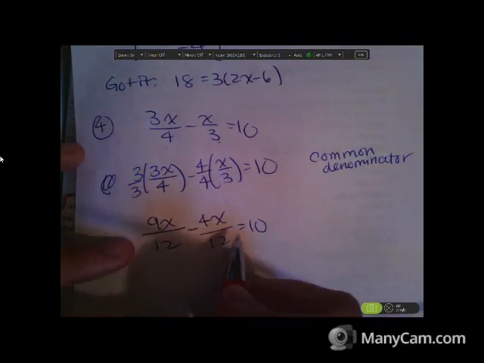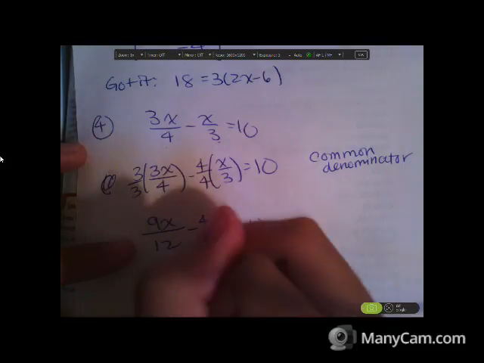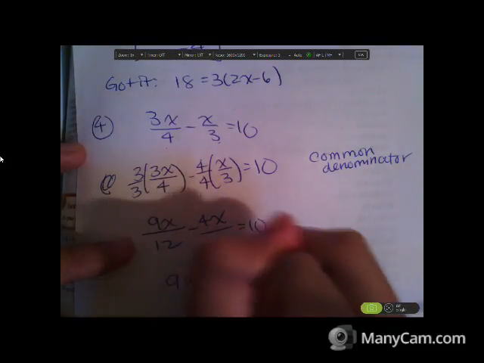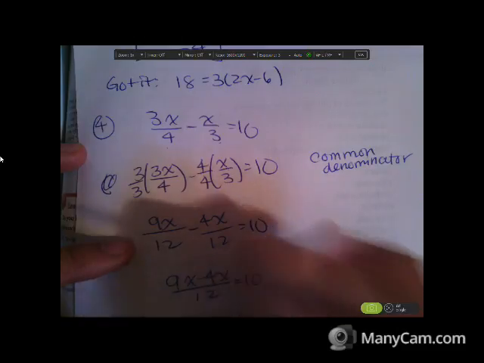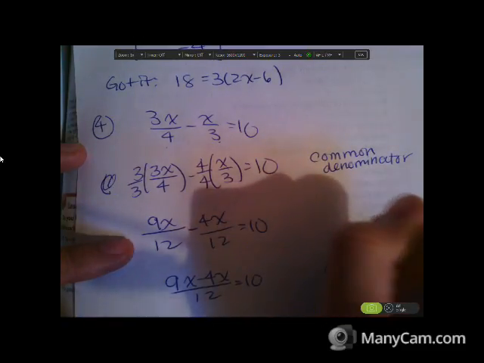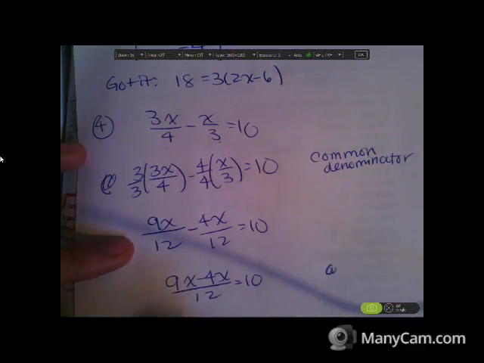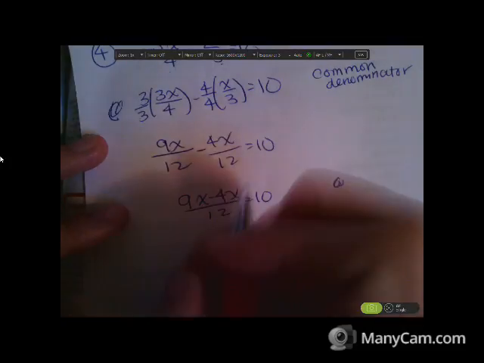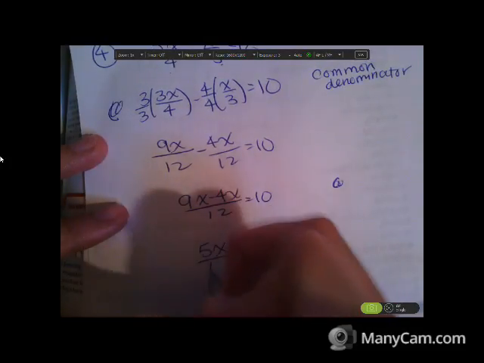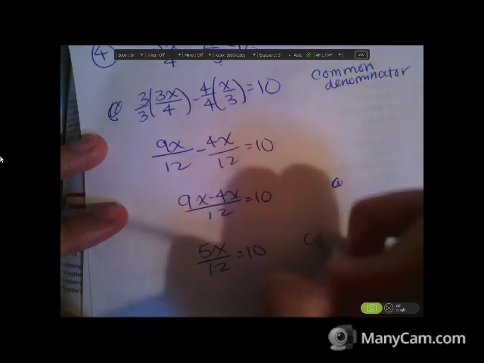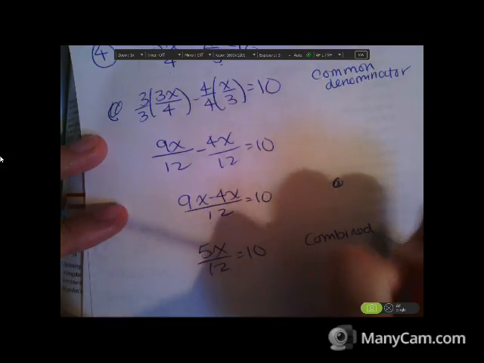So 9x minus 4x, I'm going to put under one fraction. Divided by 12 equals 10. Alright, so 9x minus 4x is going to be 5x divided by 12 equals 10. So we combined like terms.